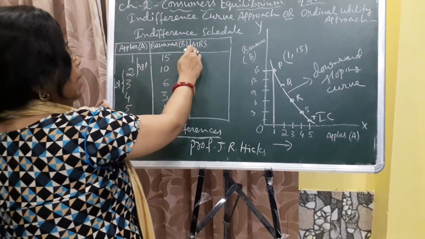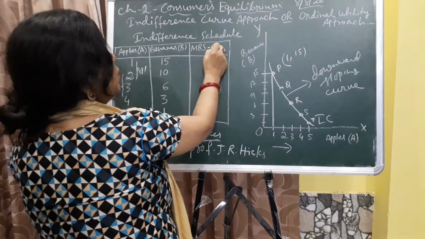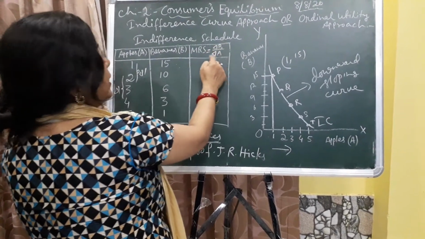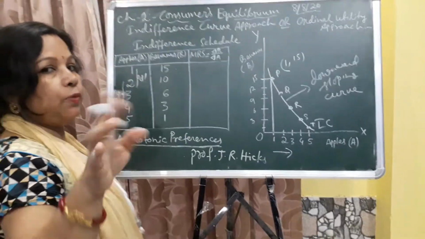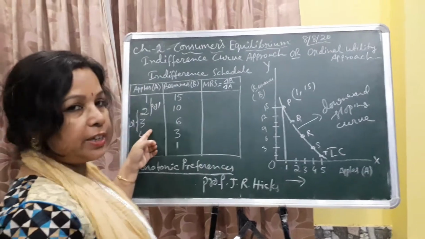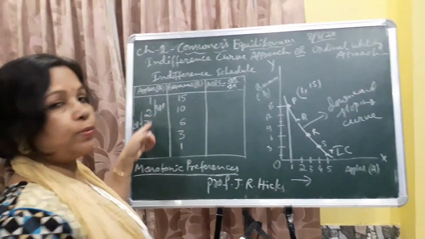So the formula for the marginal rate of substitution will be delta A and delta B, the change in apples and the change in bananas. You have to keep in mind that you first see in the schedule which one increases.